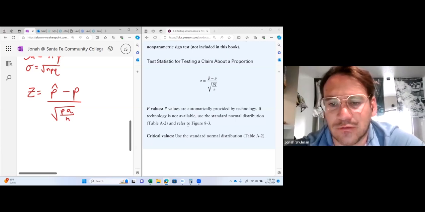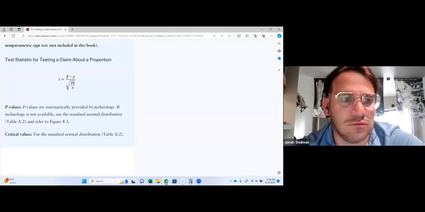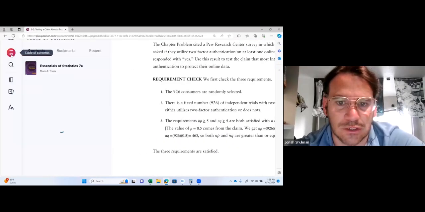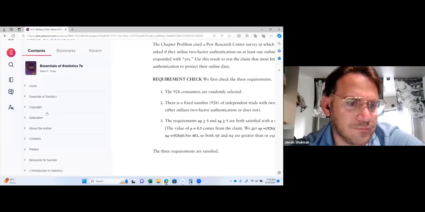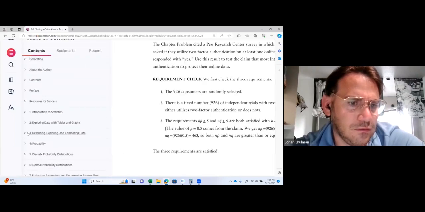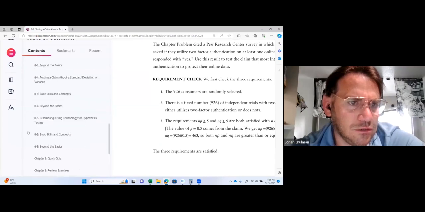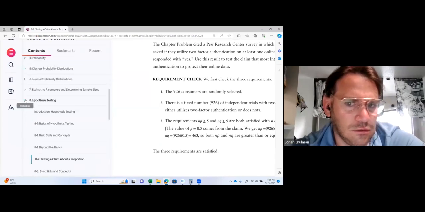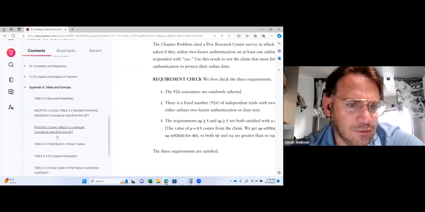I remember I showed it like 3 ways in the video I deleted, but I got all mad. So we're going to use technology, or we can use Table 8-2. I can show you that. If we want to use the table, we go to the appendix, Appendix 8 for tables.